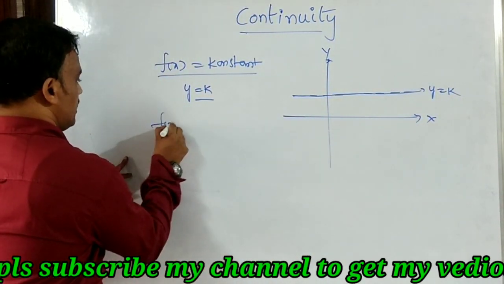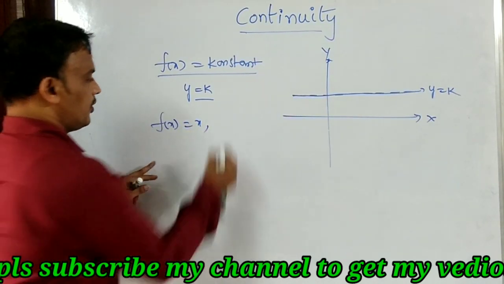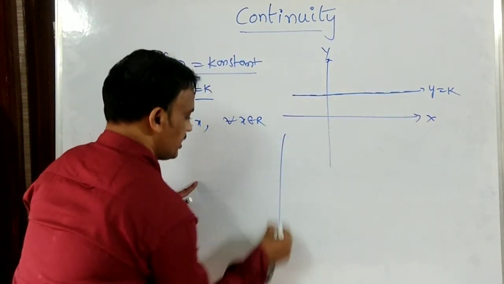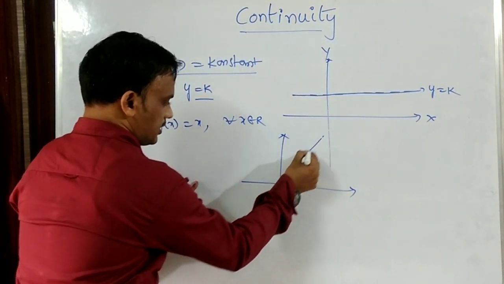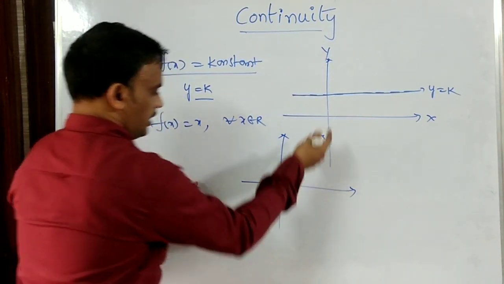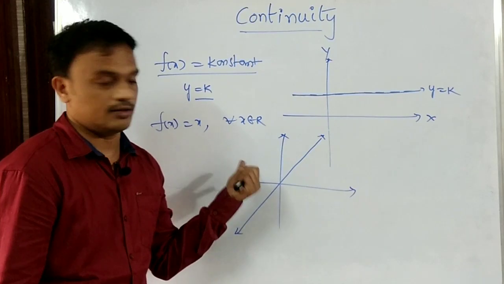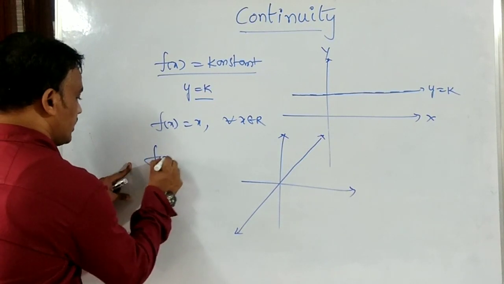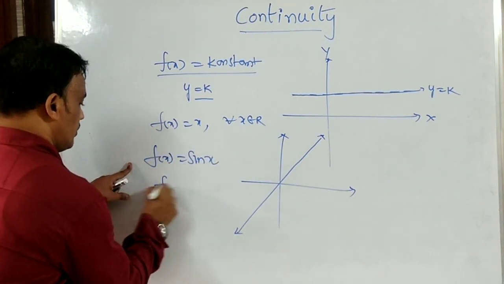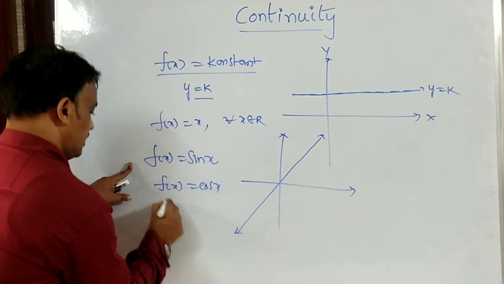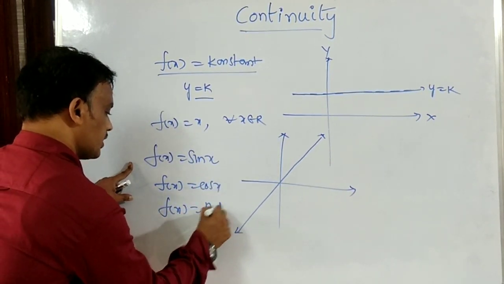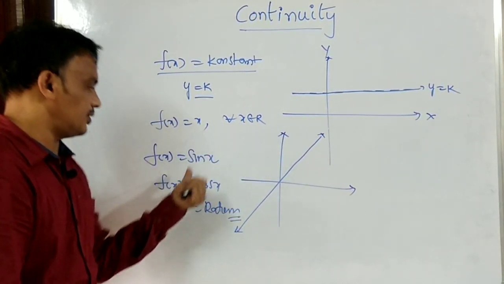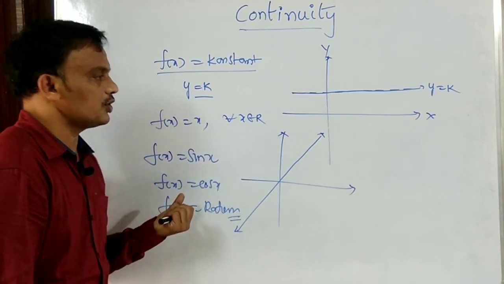One more function, f of x equals x for all x belonging to R, is a continuous function. y equals x always passes through the origin, and graphically there are no breaks, so it is continuous. Also f of x equals sin x, f of x equals cos x, and any rational function on its domain are always continuous functions, some standard continuous functions.